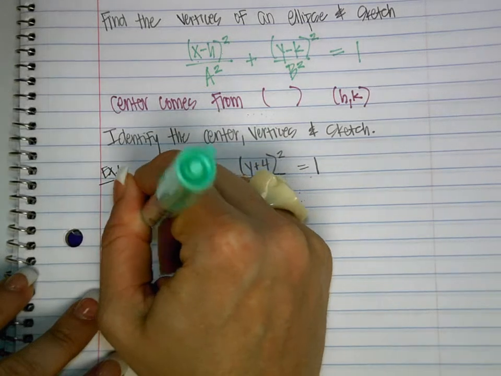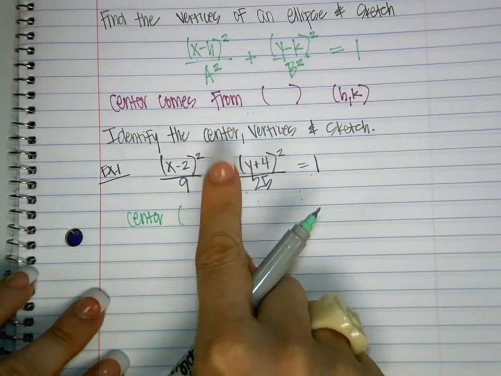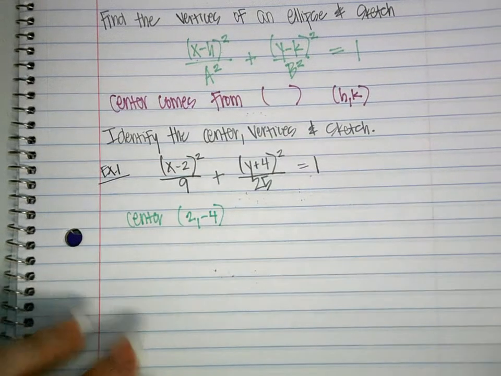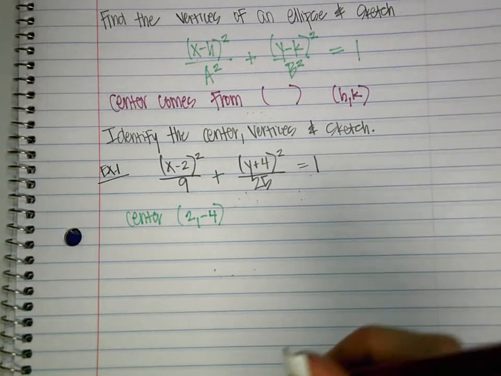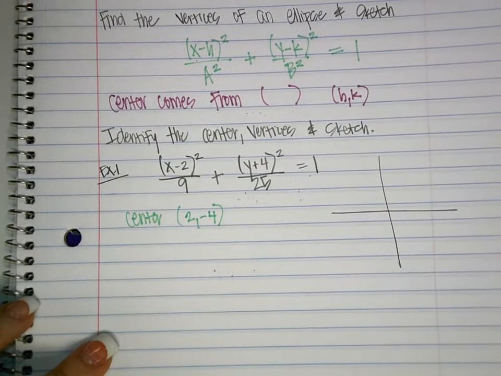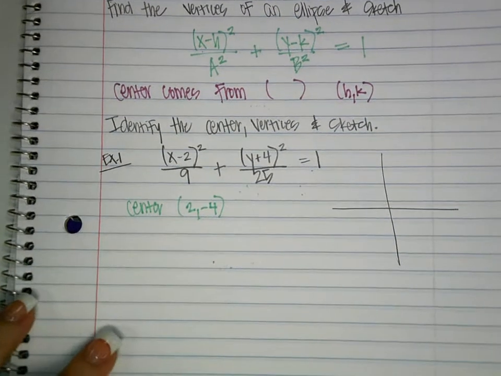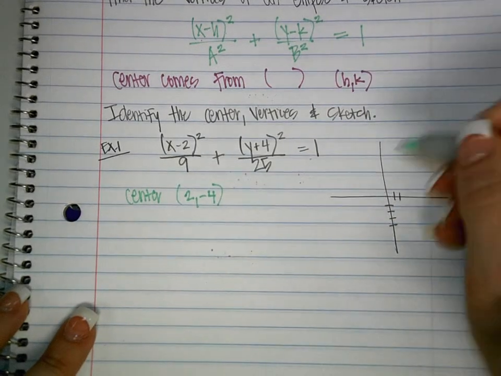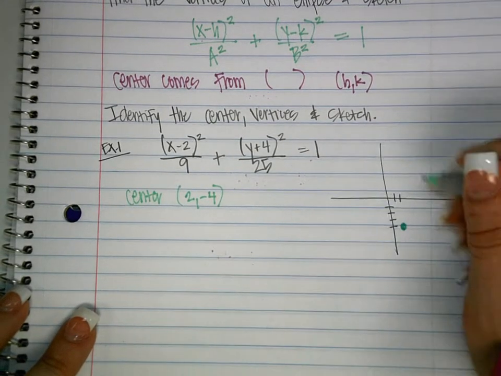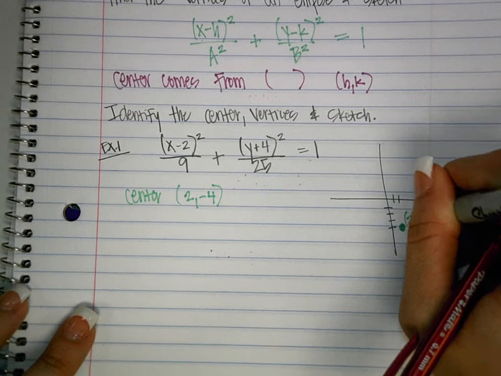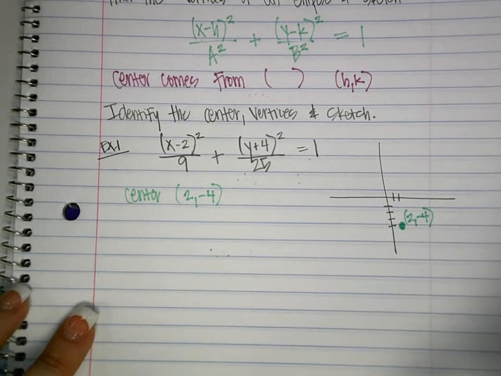What would be the center of this ellipse? Change the signs, so positive 2, negative 4. This one, I'm actually going to start sketching first. We're going to find all the parts, but I'm going to sketch as I find each part. So we move over 2, down 4. That is my center. Please, please, please label it.